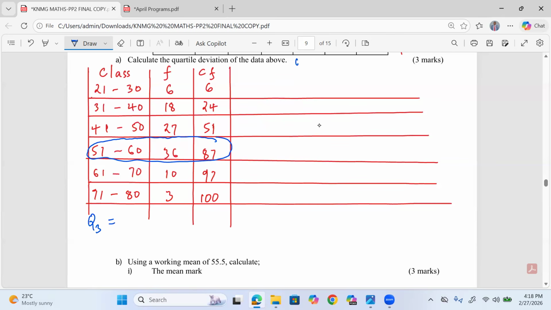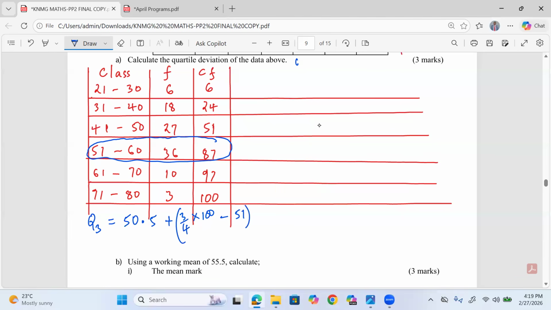So we take 51 and 50, then we divide them by 2. We get 50.5. That becomes the lower boundary of the class. So 50.5 becomes our lower boundary plus 3/4 of 100 minus the cumulative frequency just before this class. Just before our class, we have 51.